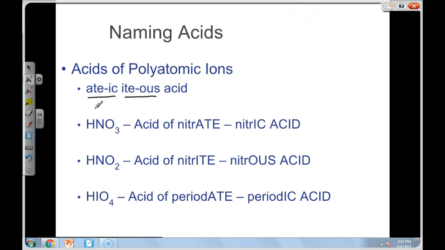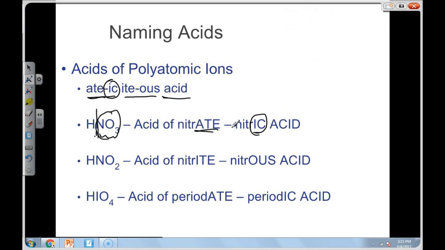A lot of times when it comes to naming, we have to know how to split a molecule up that's got polyatomic ions. So we know that this is the nitrate ion, and the nitrate ion ends in ate. So we're going to drop the ate and add ic, then acid.